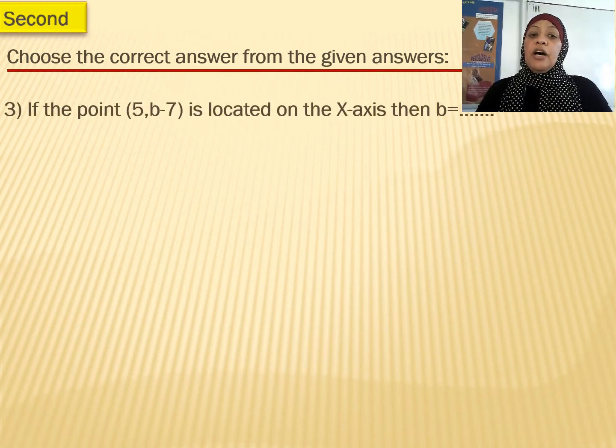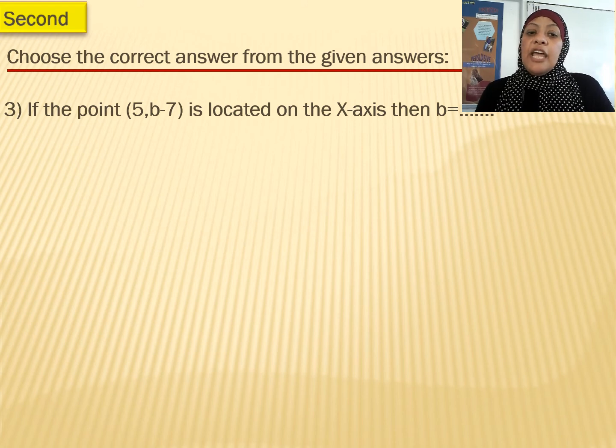If the point (5, b negative 7) is located on the x-axis, what do you note when it is located on the x-axis? We don't have a value on y.